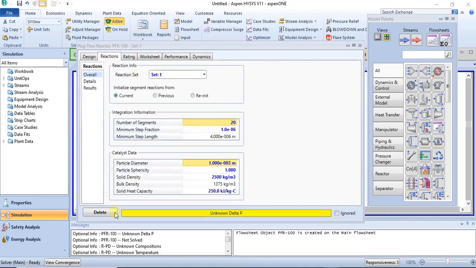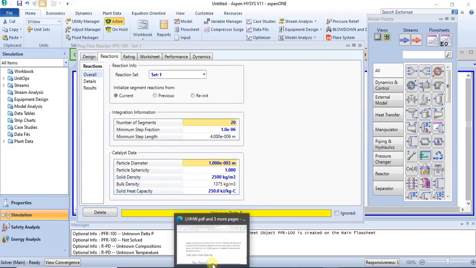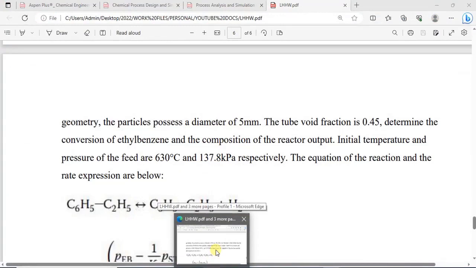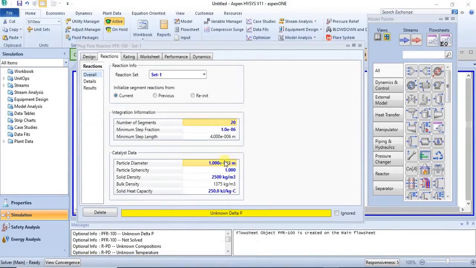So you can now make some specifications here, such as the particle diameter, which is what we are supposed to input, then the particle sphericity, the density, and the solid heat capacity. You can specify such values for your catalyst when you have activated the catalyst section. So we have particle diameter of 5 mm.